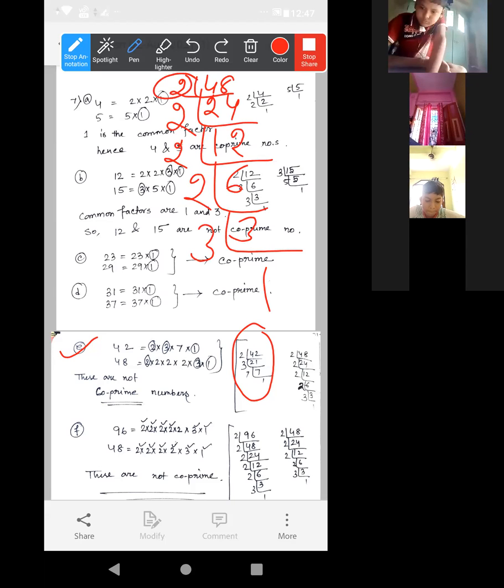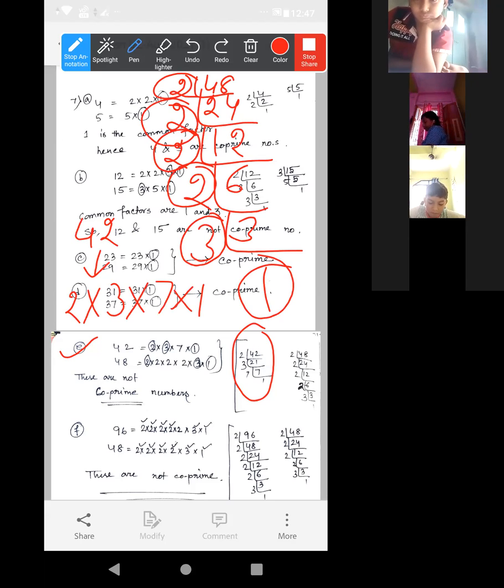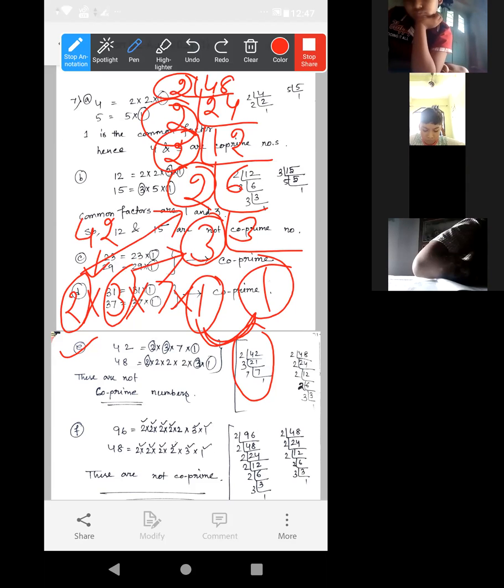That means 2 into 2 into 2 into 2 into 3 into 1. And in case of 42, we are getting 2 into 3 into 7 into 1. So the common factors are 1, 2 and 3. That means so many common factors are there. So these are also not co-prime numbers.